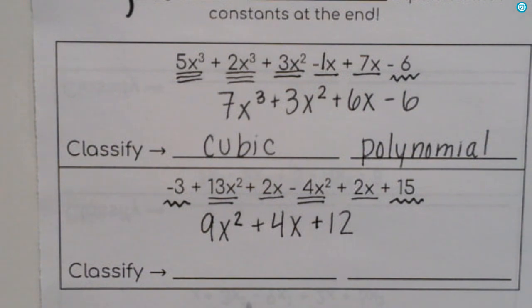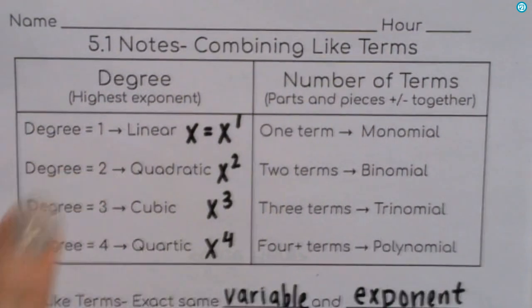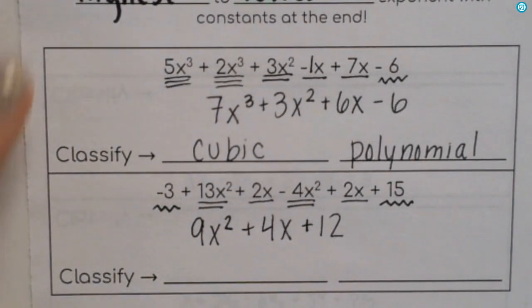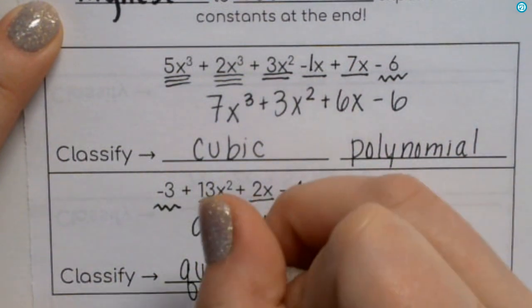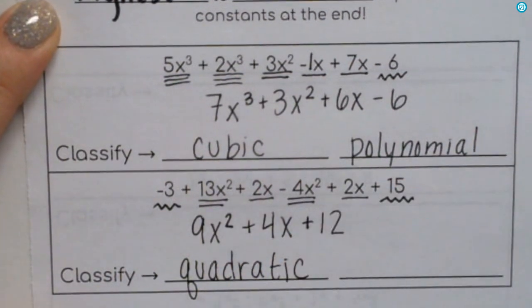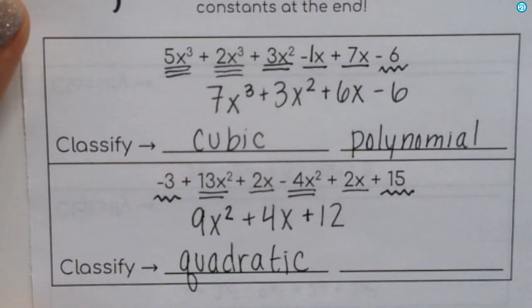Okay, so then we come look at this. X squared is my highest exponent. So that means my degree is 2. Degree of 2, using my little notes up at the top, is a quadratic. So I'm going to write that down. Quadratic. And then we count up the number of terms we have in our simplified version.